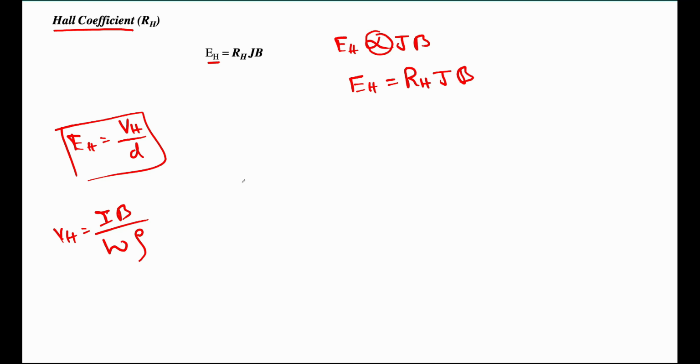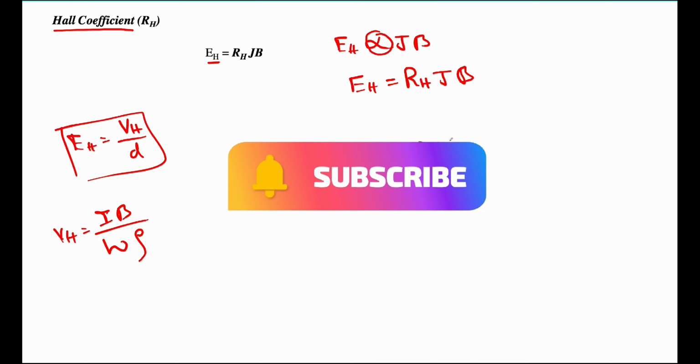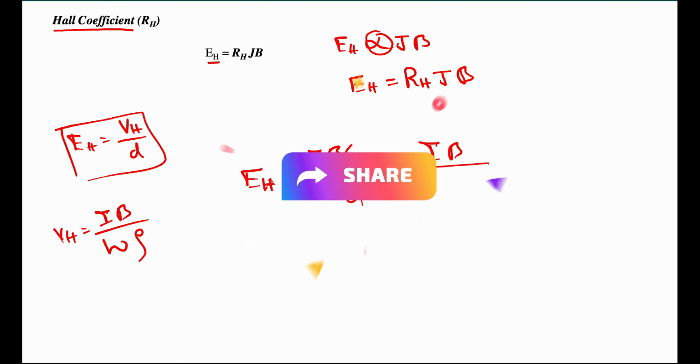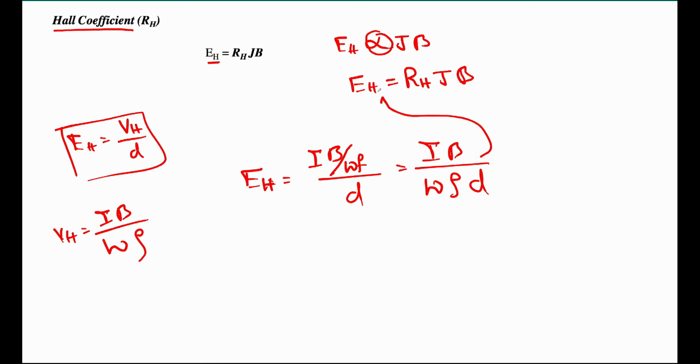Just substitute in this equation, EH equals IB divided by W into rho, divided by D. So we can write it as IB divided by W rho D. Substitute here, and then IB divided by W rho D equals RH J into B.